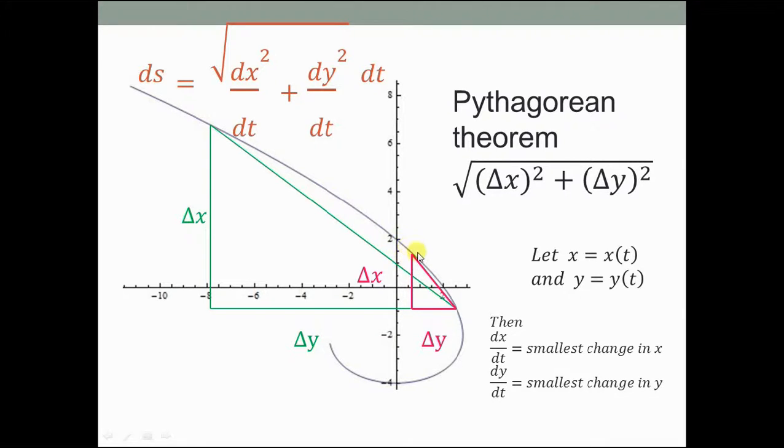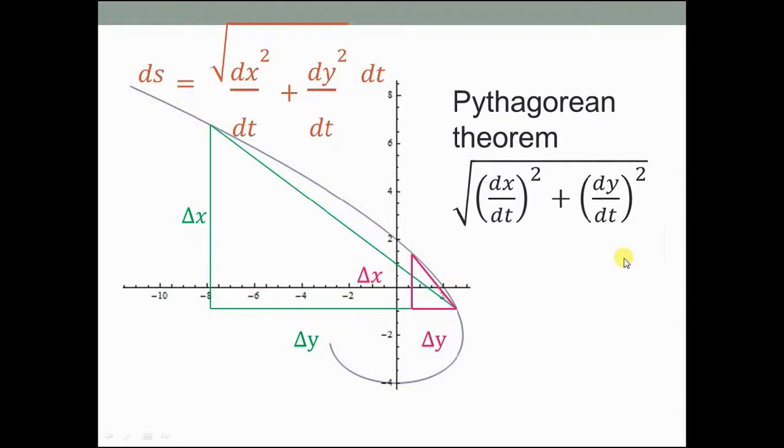That smallest change in x and y with respect to time is the derivative of x and y with respect to t. But that is exactly what we need. So we will take the smallest change, the derivatives, and plug it into the Pythagorean formula, and that, it turns out, gives us the formula here.